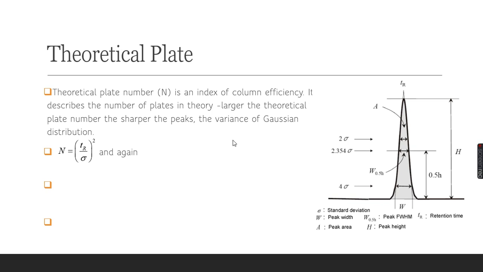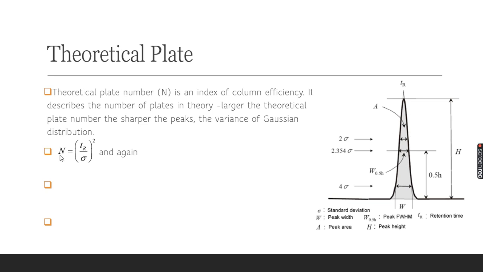So basically this is the theoretical plate concept, and the Gaussian distribution of one peak and the variance of the peak, because if you assume it is a Gaussian distribution, we can calculate the variance also. The number of theoretical plates is calculated based on the retention time and the standard deviation or variance of the Gaussian peak.